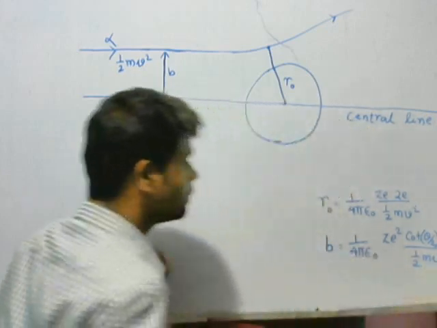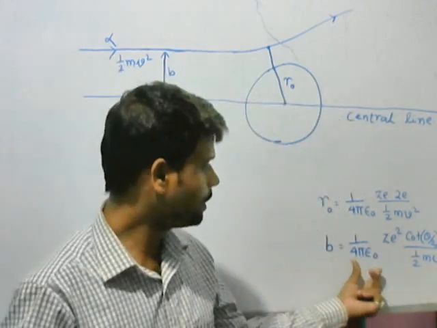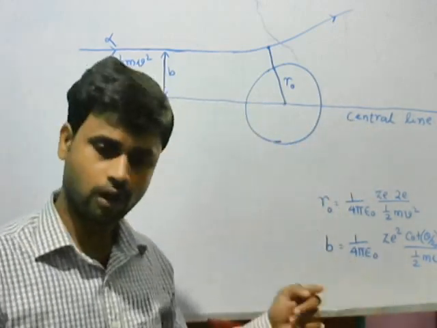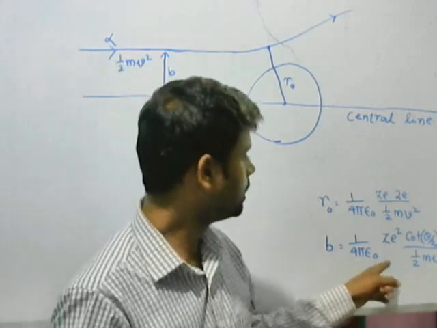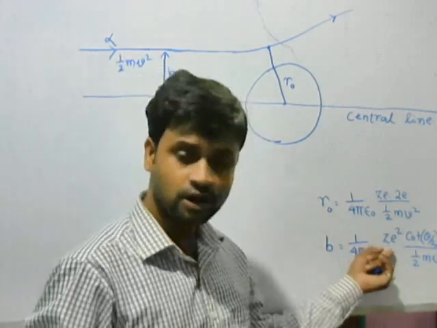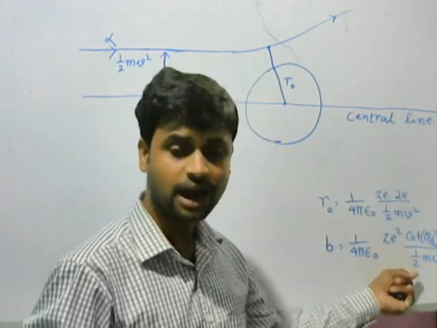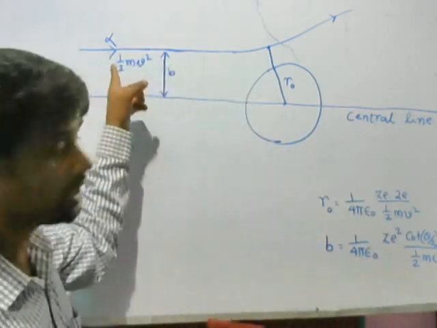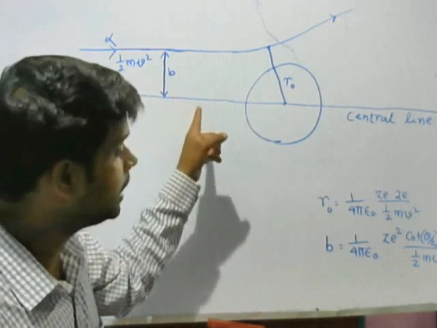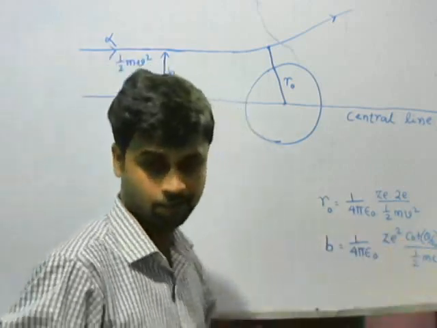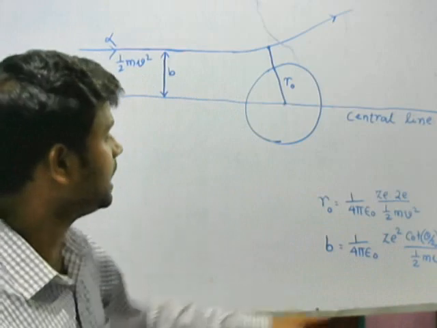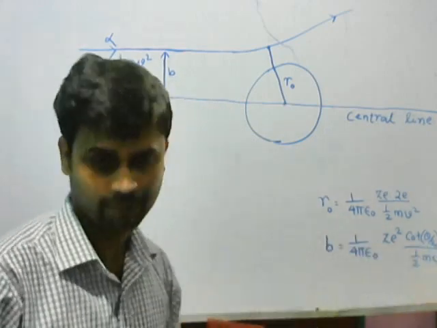Here the value of 1 by 4 pi epsilon 0 you all know, Z is the atomic number of the nucleus and e is the charge. Half mv square is the kinetic energy of the projected alpha particle. And what is theta? Let's see. Theta is called the angle of deflection.